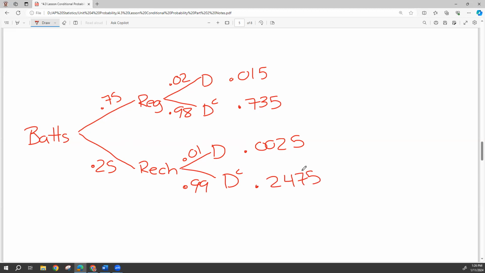And so what's nice about this sort of diagram is it has all the probabilities on it. It has the probability of being regular or rechargeable. It has all four of our conditional probabilities: being defective given it's regular, working given it's regular, being defective given it's rechargeable, working given it's rechargeable, and then the combinations or the probabilities of each individual possibility.